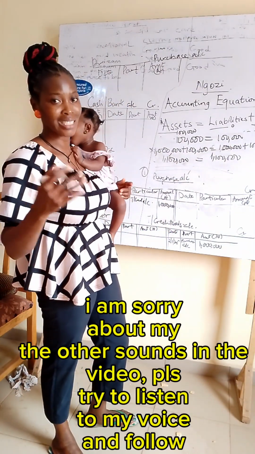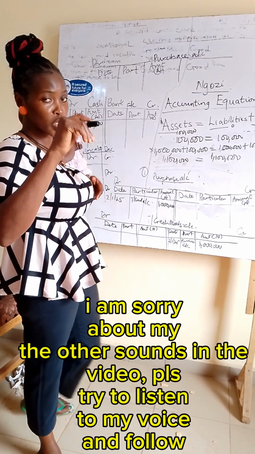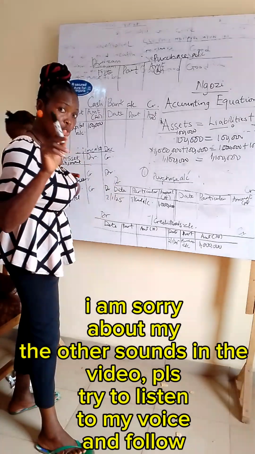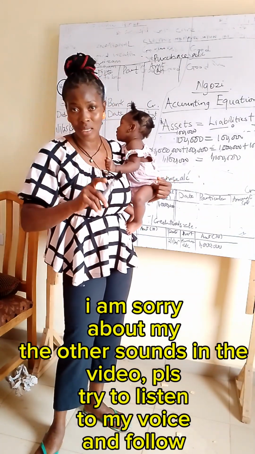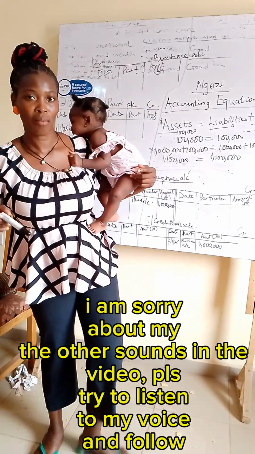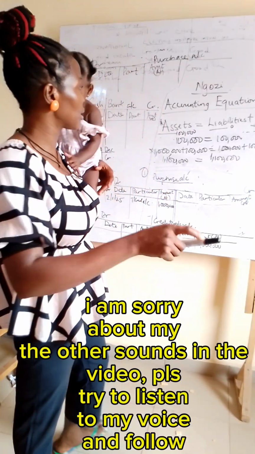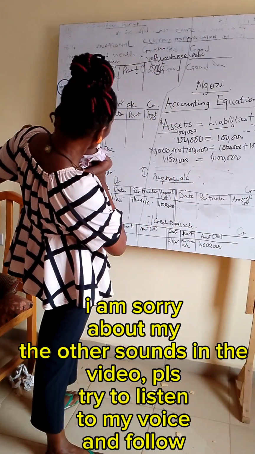So that is how you answer the question for the accounting equation. You will be told a scenario, you should be able to open the relevant accounts and post it correctly. That's the trickiest part. You must know which account to debit and which account to credit, otherwise you will make mistakes while reflecting things. So you must know this well.